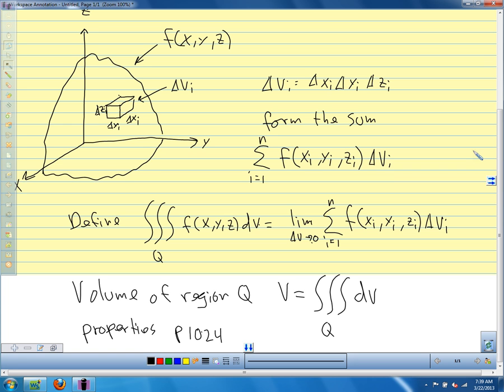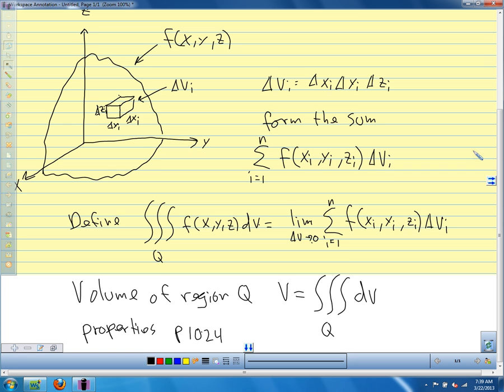If we have a simple region that we can divide into rectangular prisms easily, we evaluate triple integrals like we did double integrals. So our dV element is going to be dx, dy, dz, or some permutation of those three quantities. So we end up with 6 possibilities for orders of integration.